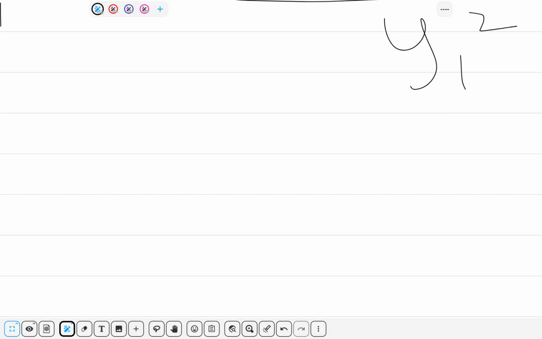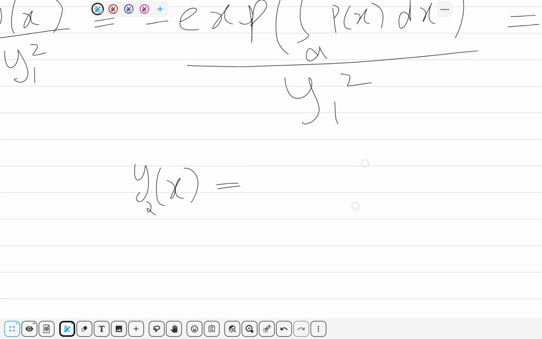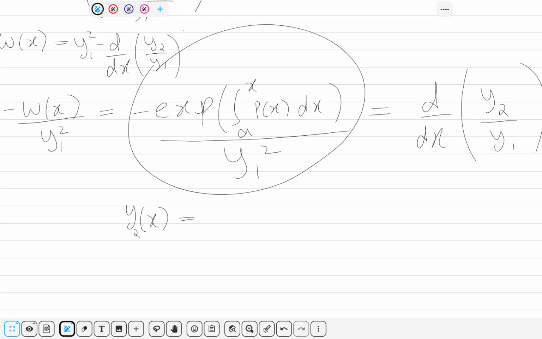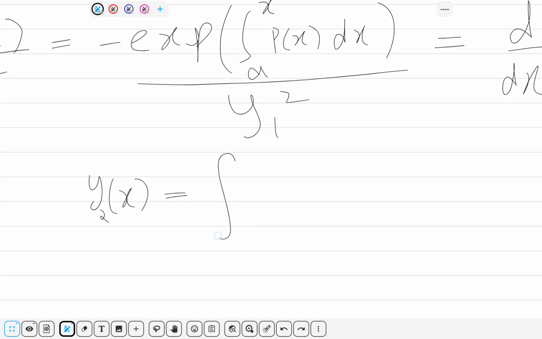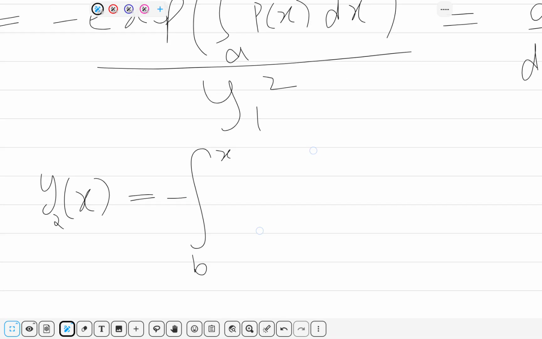This just means that if I know one of the solutions, I can easily find the other solution by integrating this term, which is a mess in itself, but technically, if we can do it, we can do it.